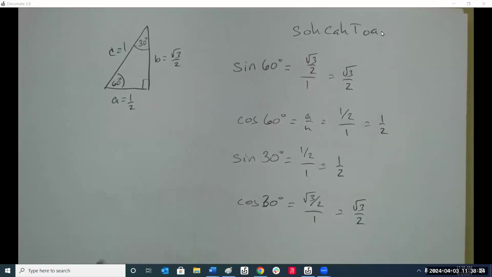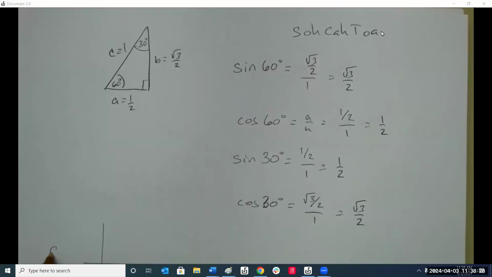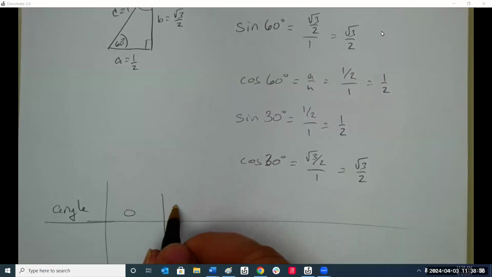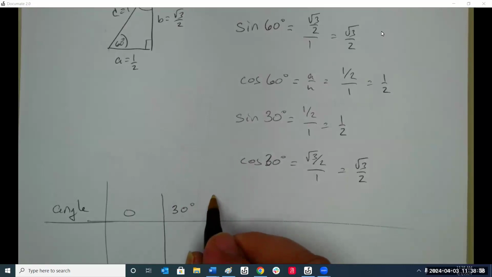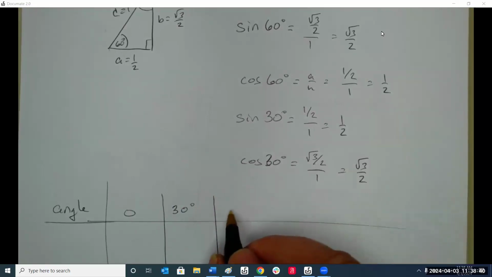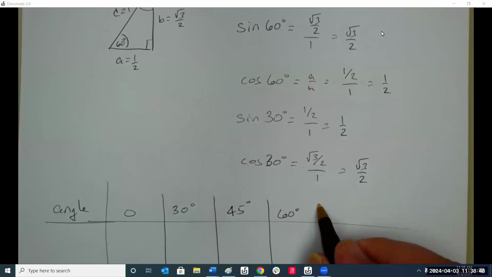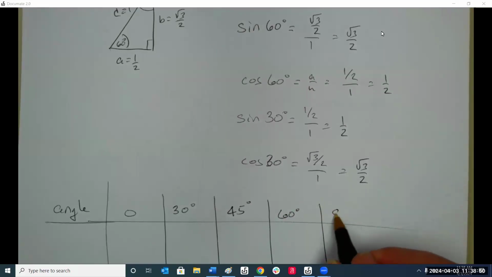So let's build our chart. We have the angle: 0, 30 degrees, 45 degrees, 60 degrees, and 90 degrees.